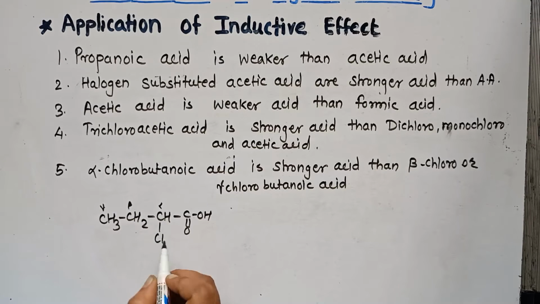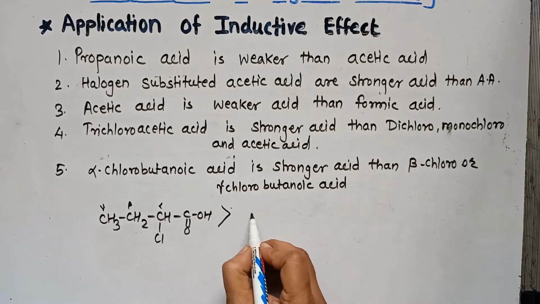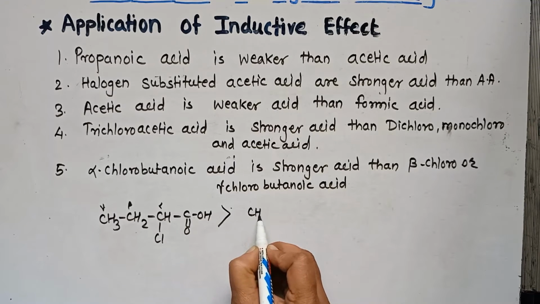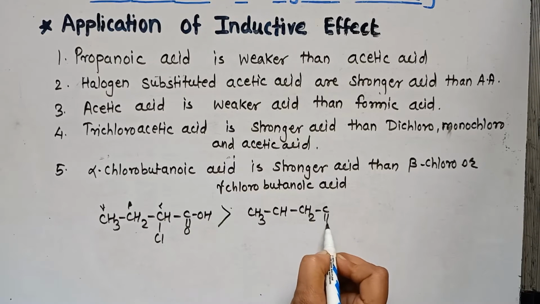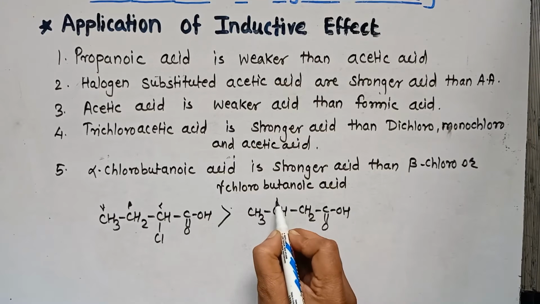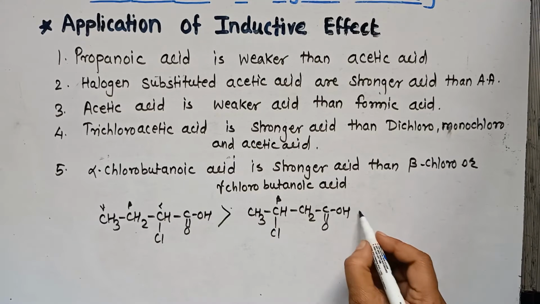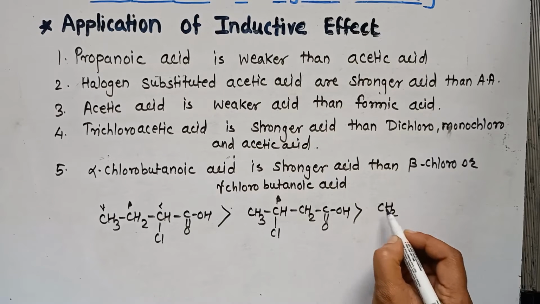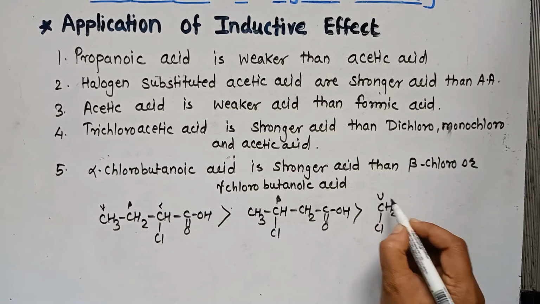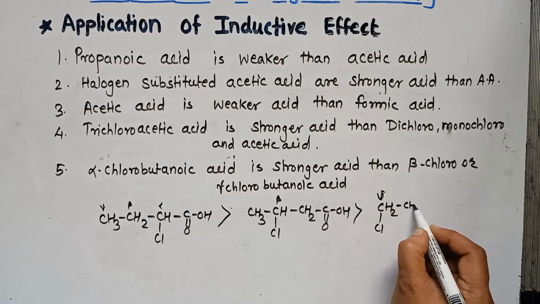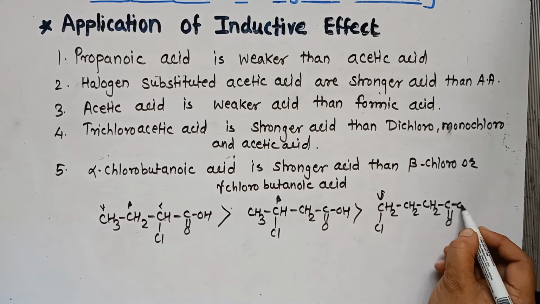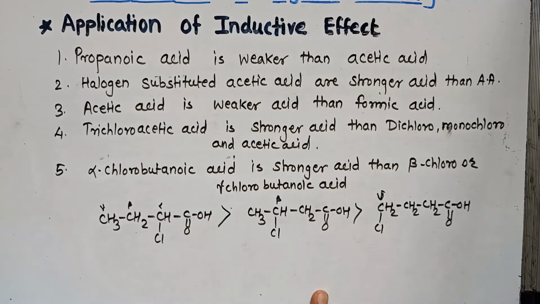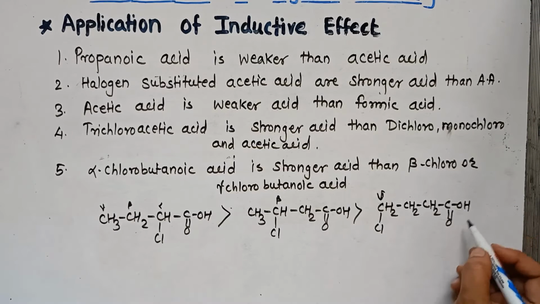So alpha chloro means at the alpha position chlorine is present. This is stronger, so here we put the arrow like this. Then beta chloro: this is the beta carbon, where chlorine is present, and gamma chloro means at the gamma position, this one is the gamma carbon. And last, butanoic acid.